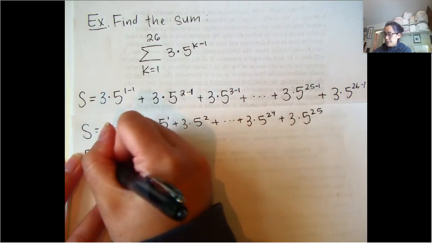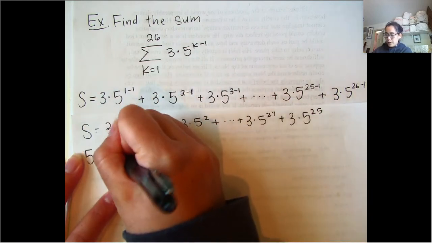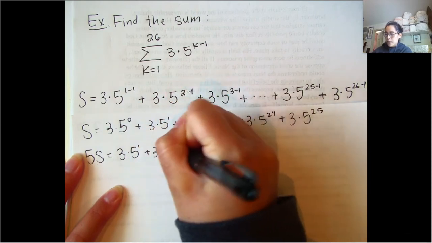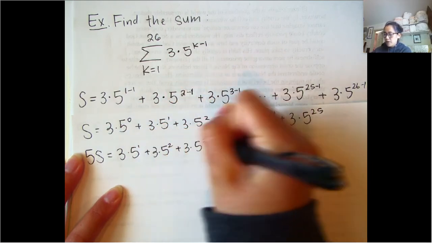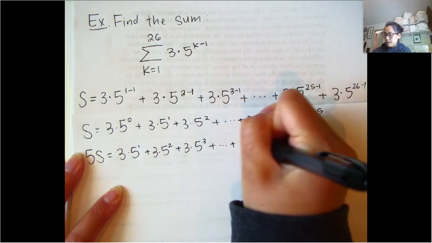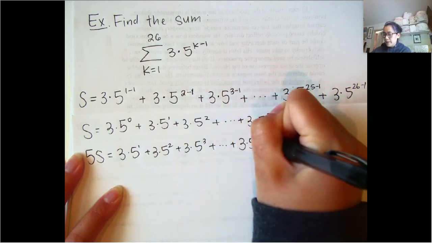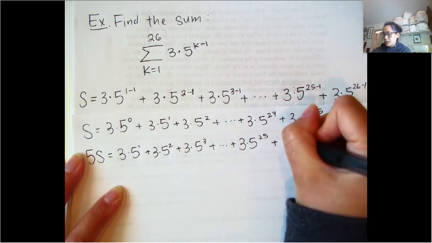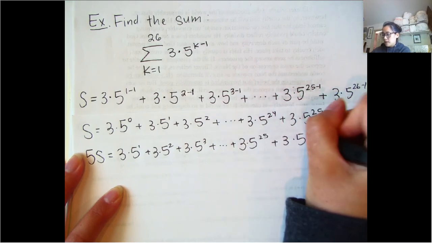So 5S is 3 times 5 to the 1, plus 3 times 5 to the 2, plus 3 times 5 to the third, and so on and so forth, then 3 times 5 to the 25th, plus 3 times 5 to the 26th.